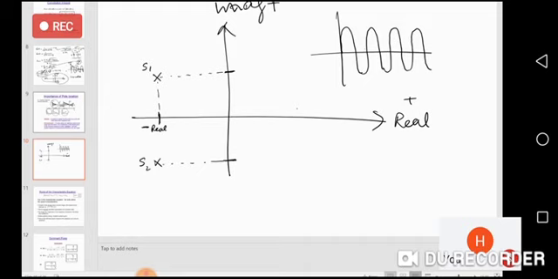So इसका मतलब ये है कि S1 और S2 पोल हैं, इसका रियल कंपोनेंट भी मौजूद है और इमेजिनरी कंपोनेंट भी मौजूद है.